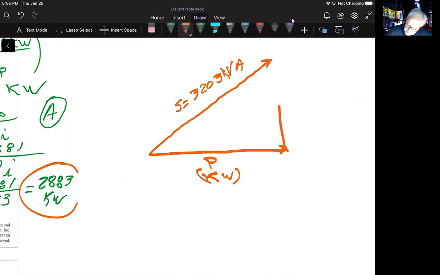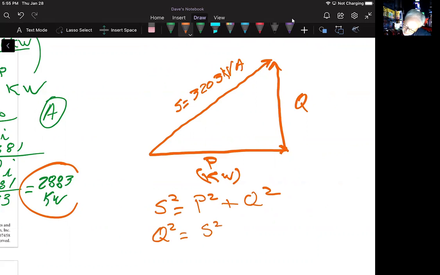And so now I can calculate the reactive power. S squared is equal to P squared plus Q squared, or for this particular problem, I need to solve for Q. So Q squared is going to be S squared minus P squared, square root of both sides.